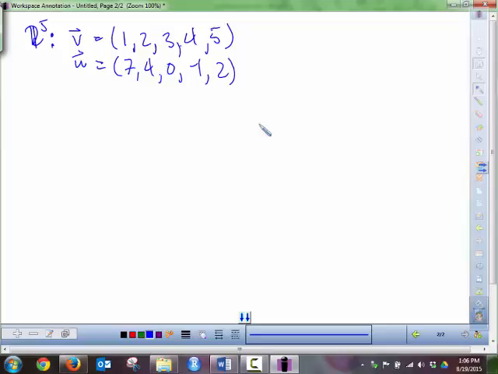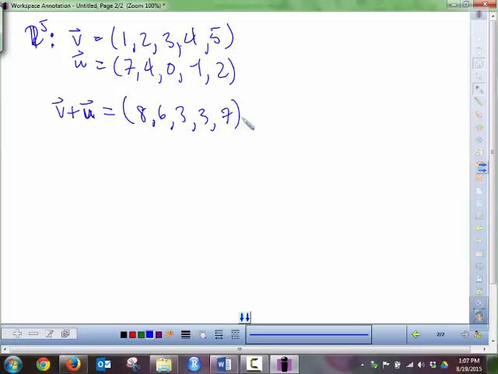It should be clear that when we're adding two vectors, we end up with another vector. We just add component-wise. So I would add 1 and 7, that's 8, and then this is 6, this is 3, this is 3, and 7.